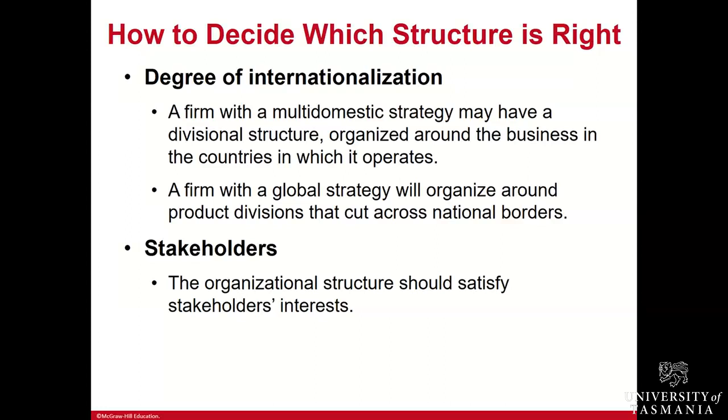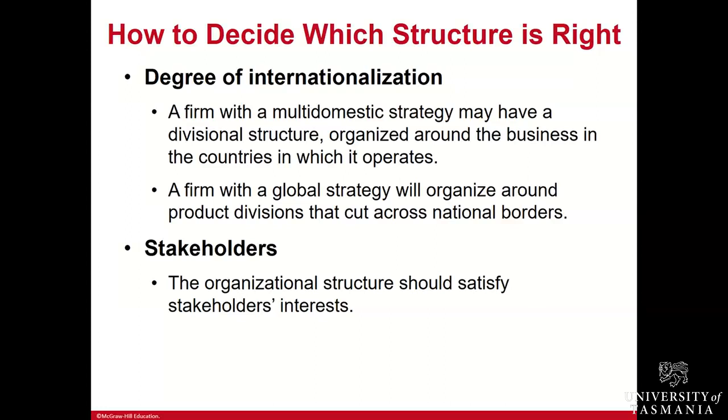One can have a low-cost strategy, the other one can have a product differentiated strategy. This is multi-domestic, so they are following different strategies in different locations. Then they can have a divisional structure. This might work there. And a firm with a global strategy will organize around product divisions that cut across national borders.